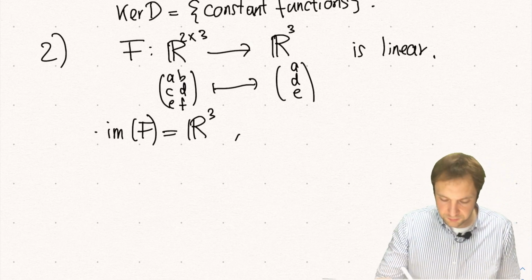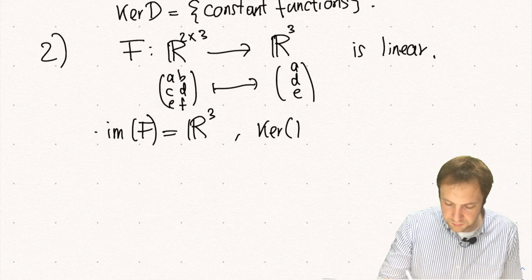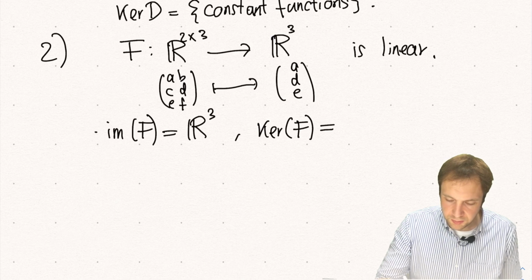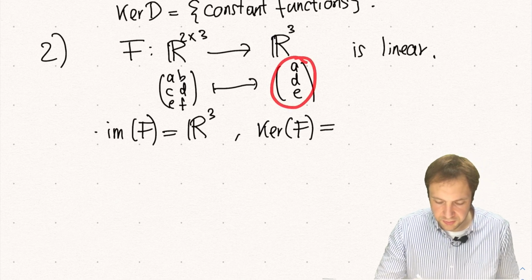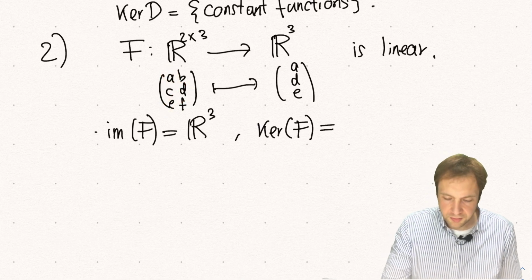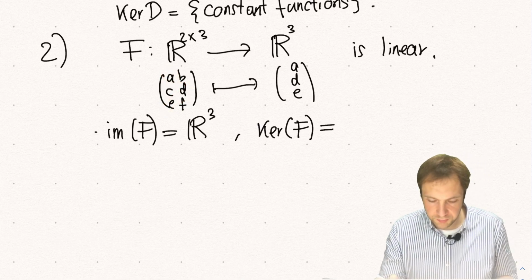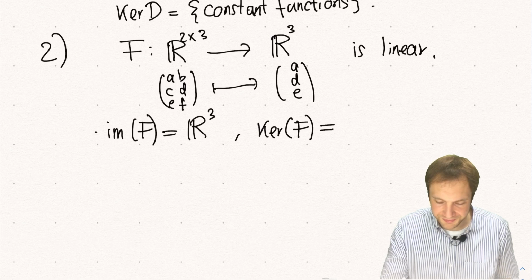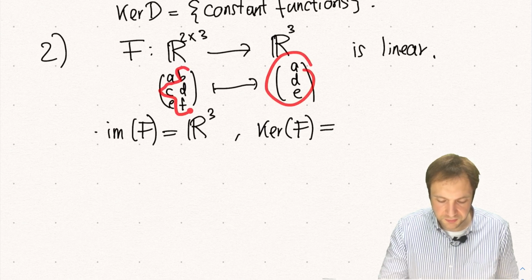And what is the kernel? So what gets mapped to 0 here? Well, every time A, D, and E are 0, we see that this gets mapped to 0, no matter what B, C, and F are.